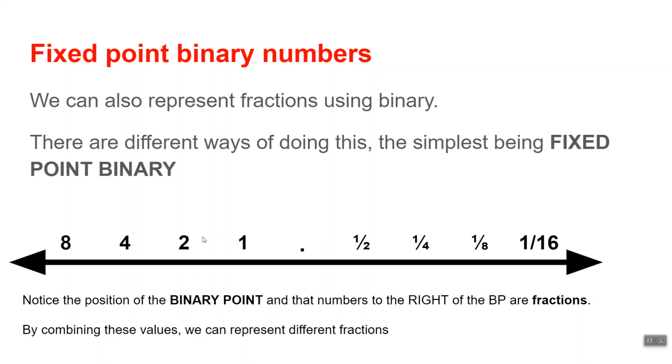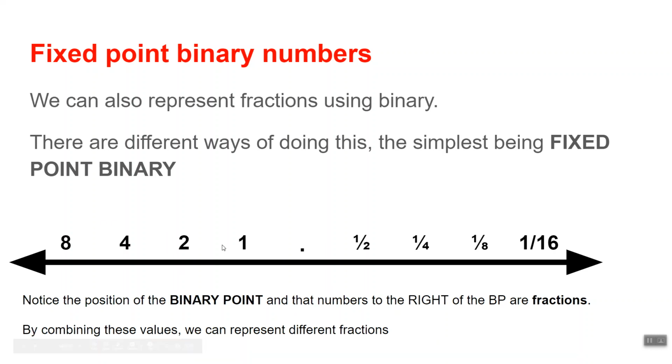Notice that the digits to the right of the binary point, notice I'm calling it a binary point, not a decimal point, are fractions, starting at a half, and then each time getting smaller and smaller. And then to the left of the binary point, we've got our normal binary digits as per usual. And by combining these values together, we can represent different fractions.